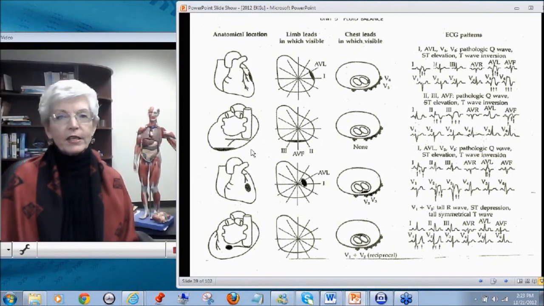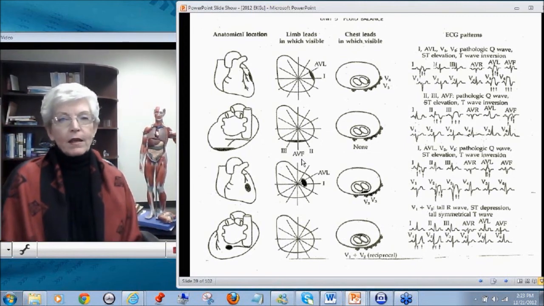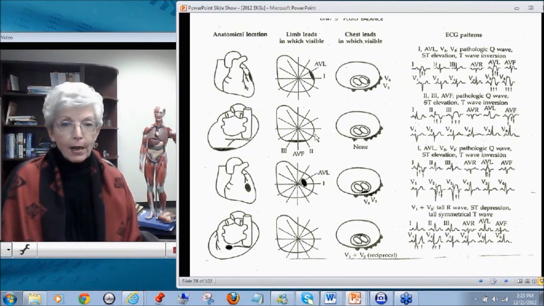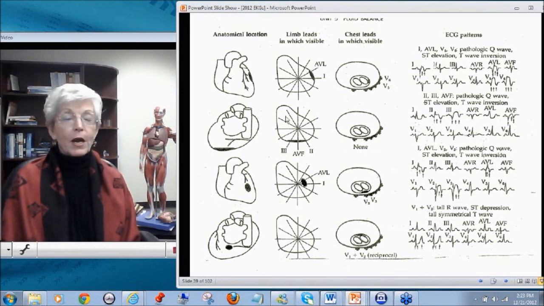What we had just described was a flashlight or a camera or an eyeball on the left leg; the positive electrodes in leads 2, 3, and AVF are all on the left leg. They're all looking at the underbelly of the heart.